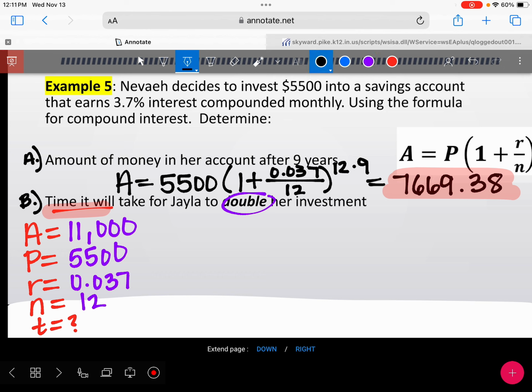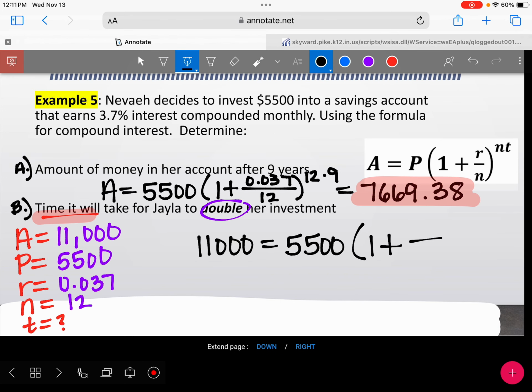All right, so let's go ahead and put everything in the correct position. So I have 11,000 equals 5,500 times (1 plus 0.037 over 12) to the power of 12 times T. So that's what I don't know.